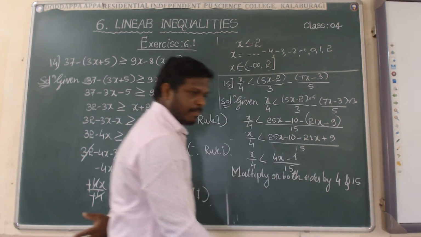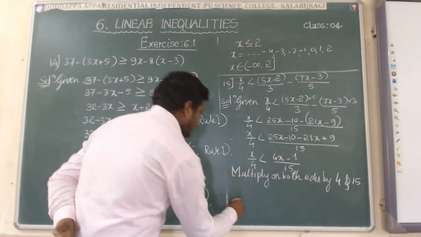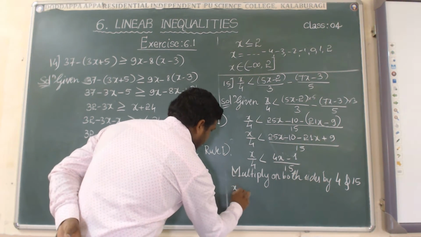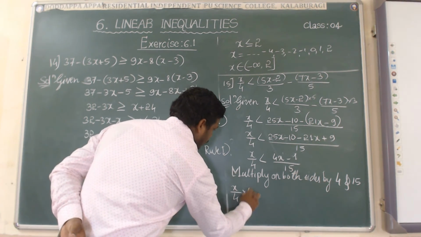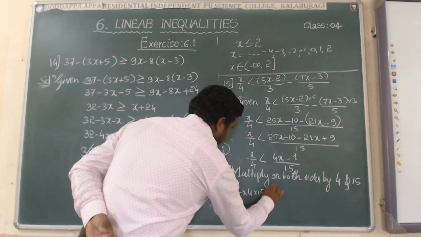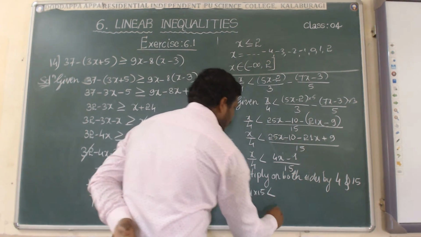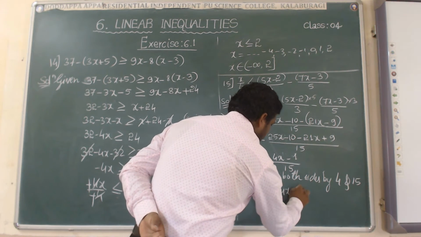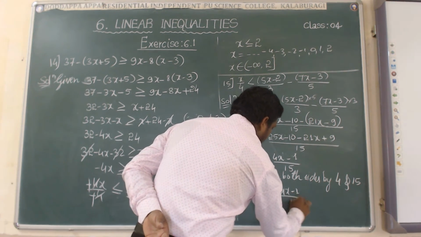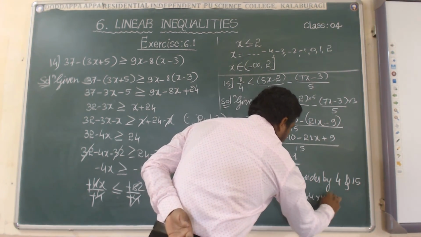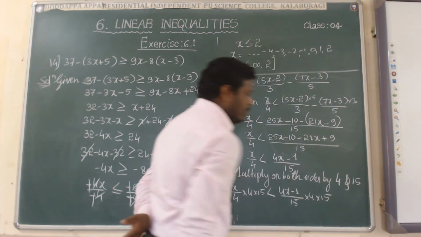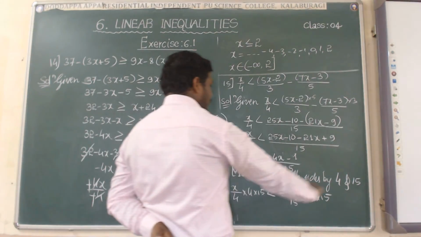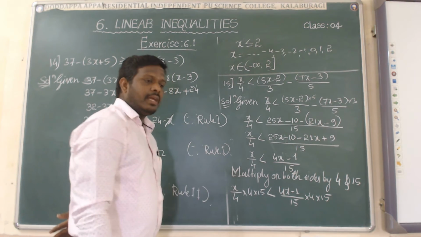We get x by 4 into 4 into 15 is less than or equal to 4x minus 1 divided by 15 into 4 into 15, according to this. I am multiplying both sides by 4 and 15.